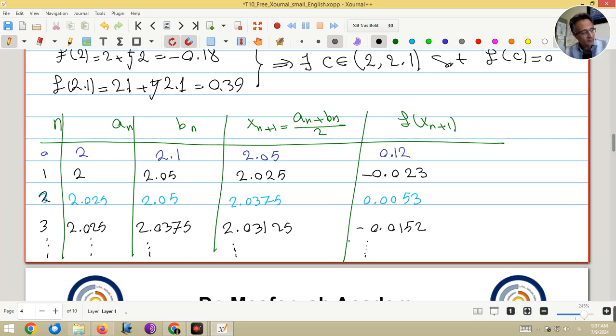This is in fact the implementation of the bisection method by hand, and of course you can use a computer and a MATLAB code to simulate this method easily.